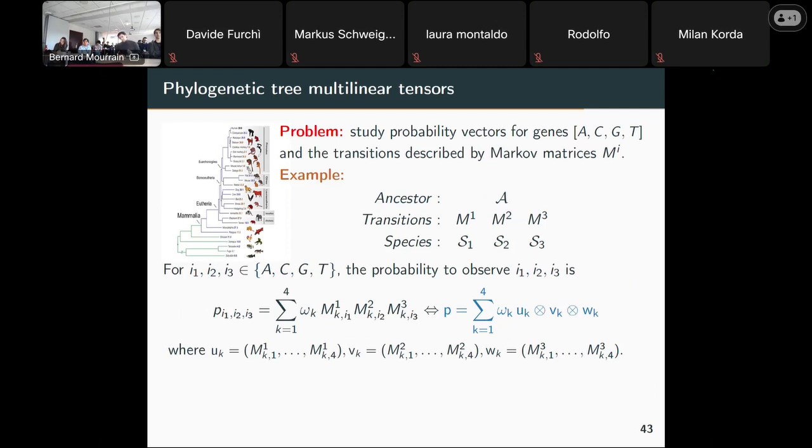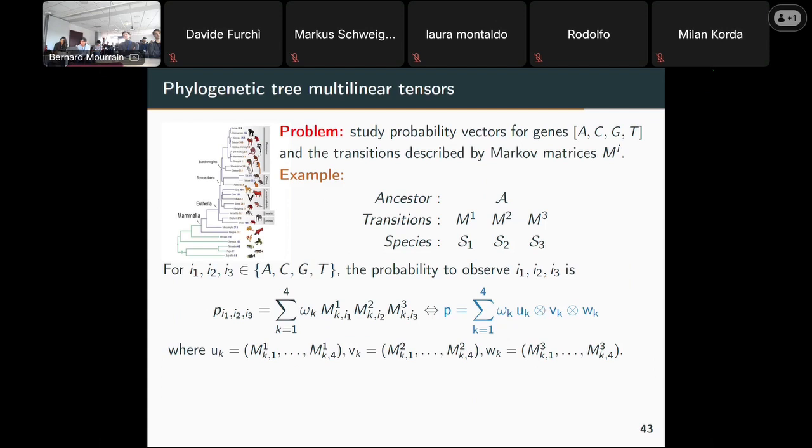So the probability that we observe genes in S1, S2, S3 can be represented as a sum of some weights times the probability, for all k from 1 to 4, that we observe i1 in species S1 knowing that we have k in species A, times the probability for species 2, and times the probability for species 3.